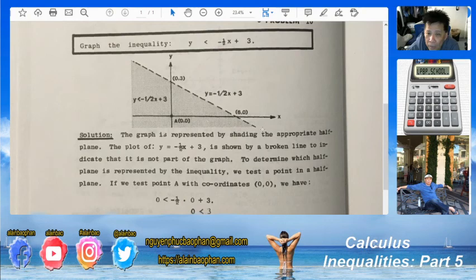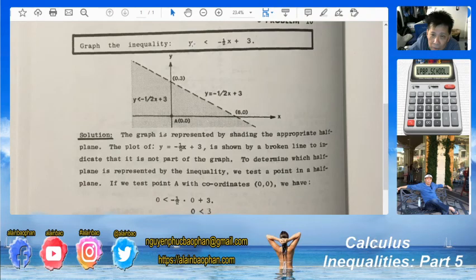The straight line divides the plane into two parts, the upper part and the lower part. So we just pick any point. Let's pick a point underneath the line. The easiest point is the origin, because the origin (0, 0) belongs to the underneath region. So just replace with (0, 0) here.